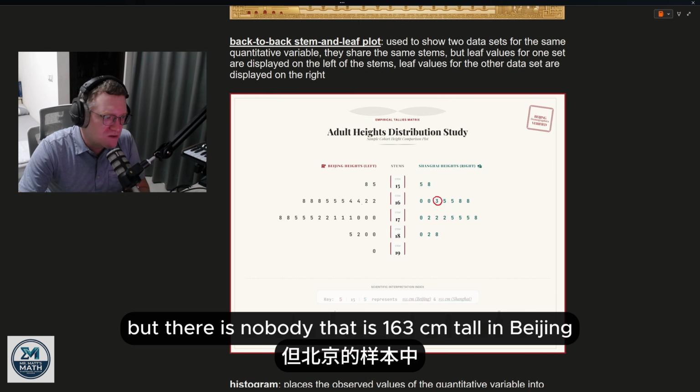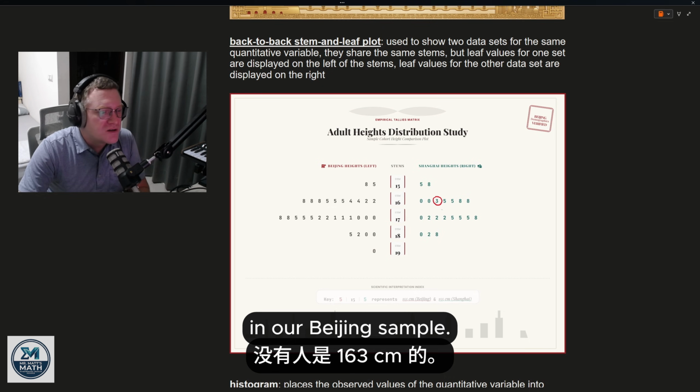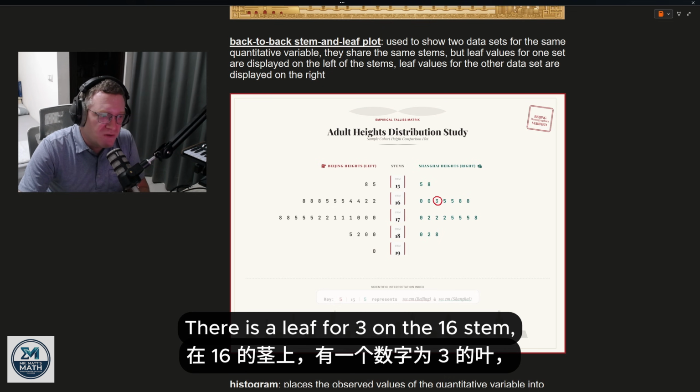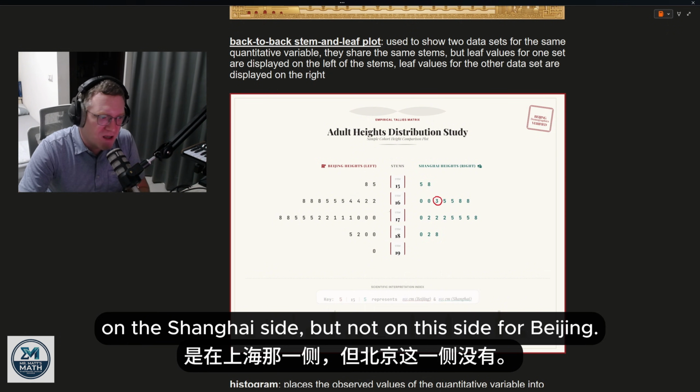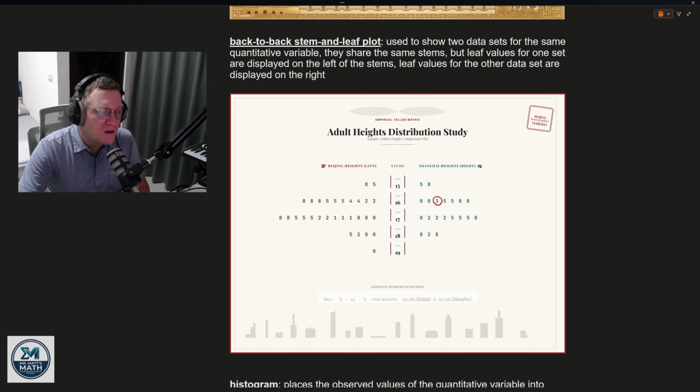But you can see down here, we have someone that's 163 centimeters tall in Shanghai, but there is nobody that is 163 centimeters tall in our Beijing sample. So there is a leaf for 3 on the 16 stem on the Shanghai side, but not on the Beijing side.